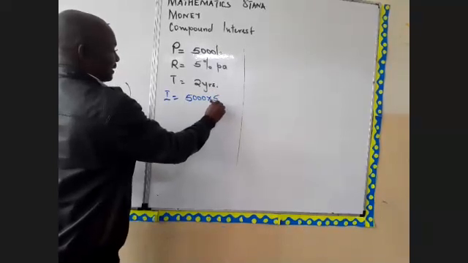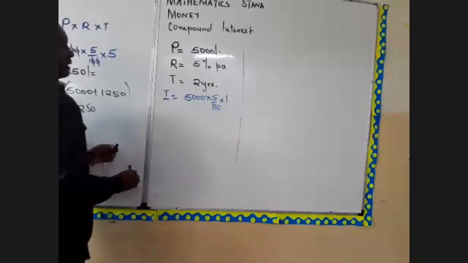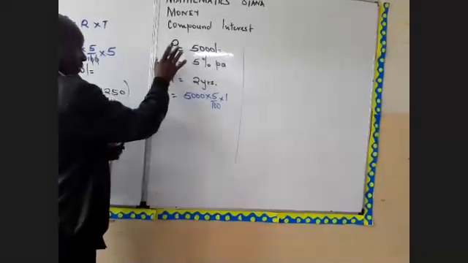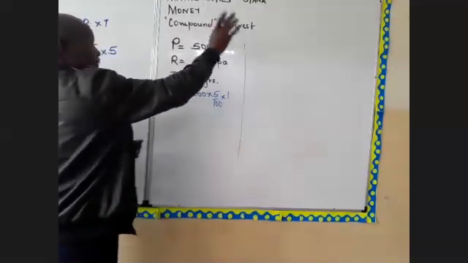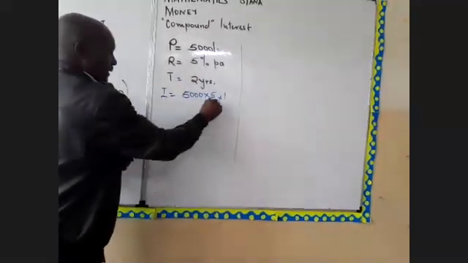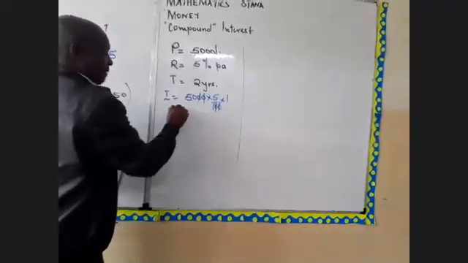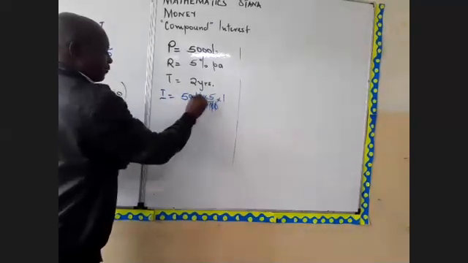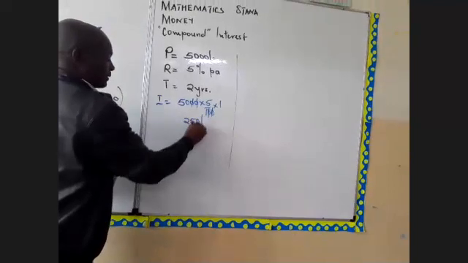And you pay attention. First year, compound interest, not simple interest. Yesterday it was simple interest. So let's see what will happen here. At the end of the first year, the interest earned will be 50 times 5, 250 shillings.